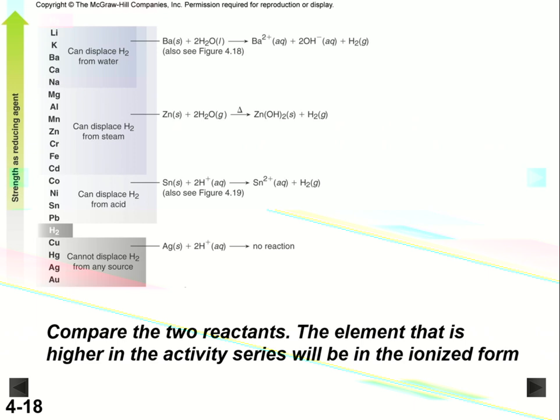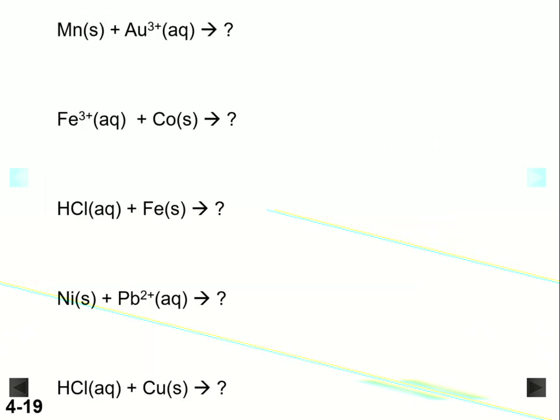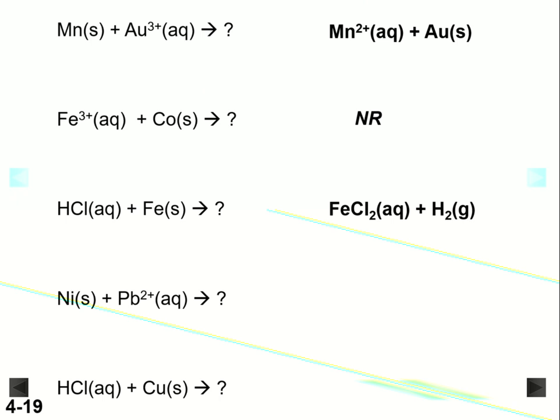So now what you see from this is any metal below hydrogen in the activity series doesn't react with acid. That would be copper, mercury, silver, and gold. Any metal above hydrogen will react with hydrochloric acid. So we go and look, and we see, sure enough, iron is above there in the activity series. Iron gets oxidized to iron chloride plus hydrogen gas.